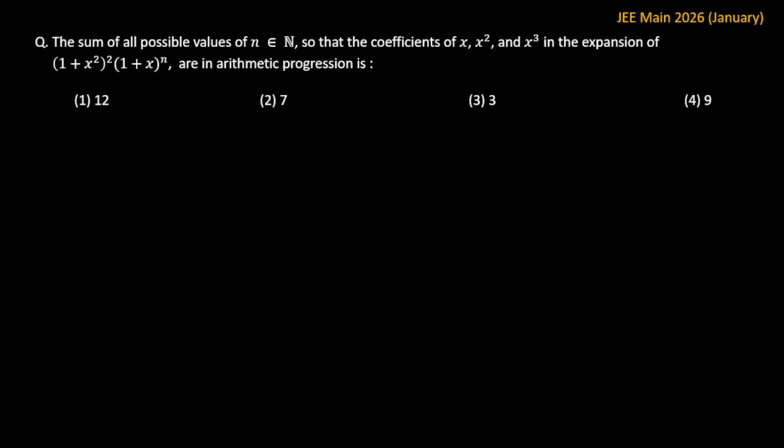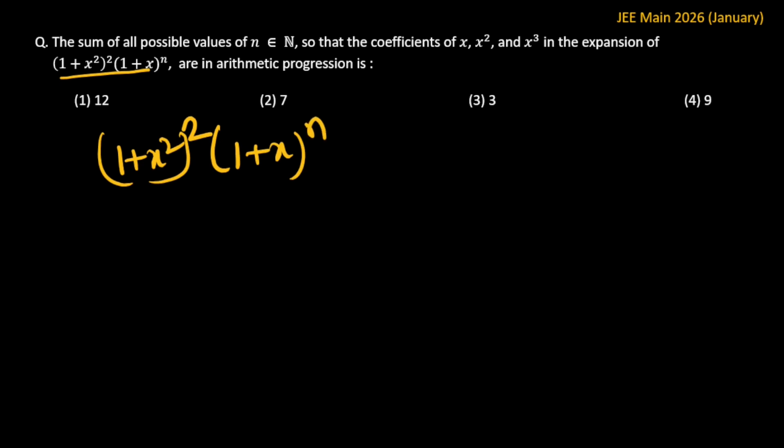Now observe this question. It is given this expression, 1 plus x square times 1 plus x power n, and asked the sum of all possible values of n, if the coefficients of x, x square and x cube of this expression are in AP.